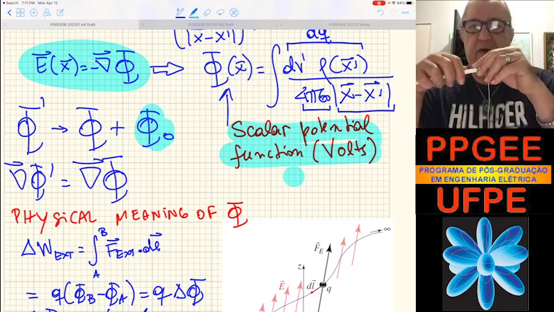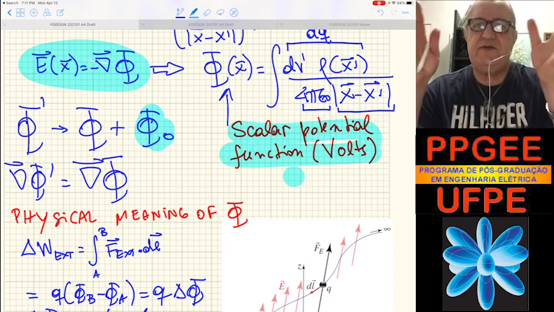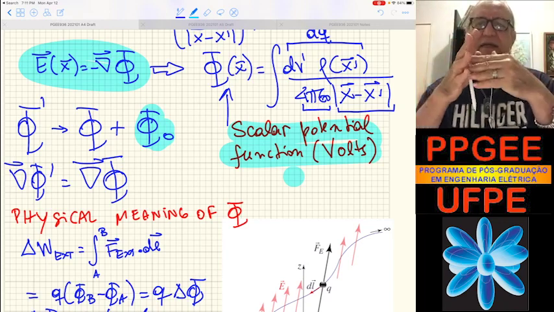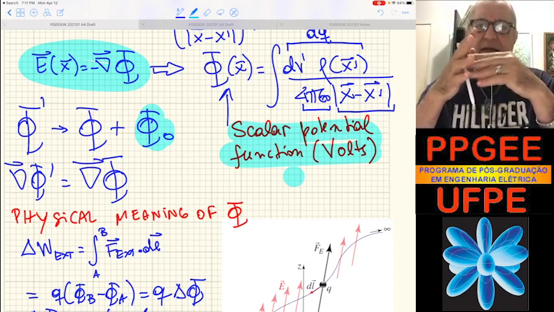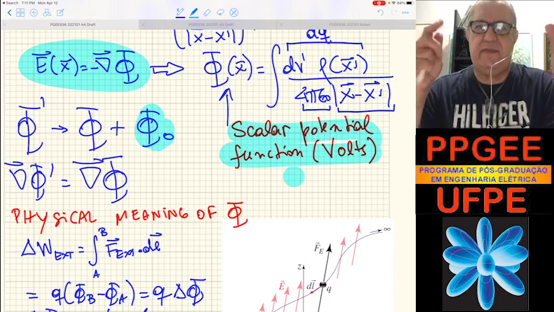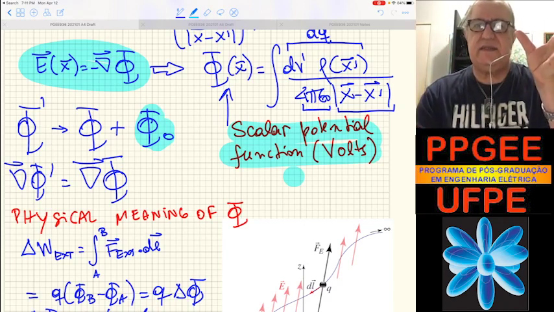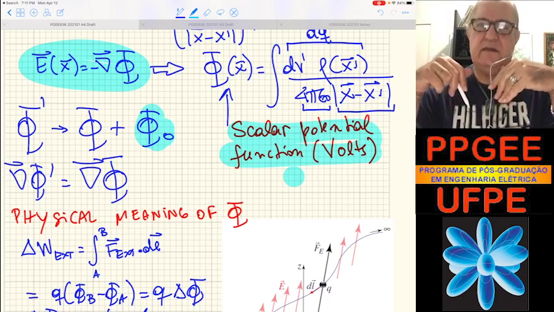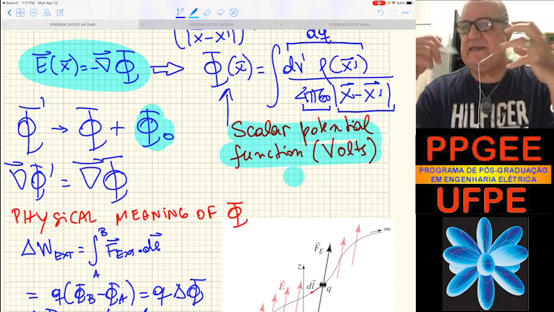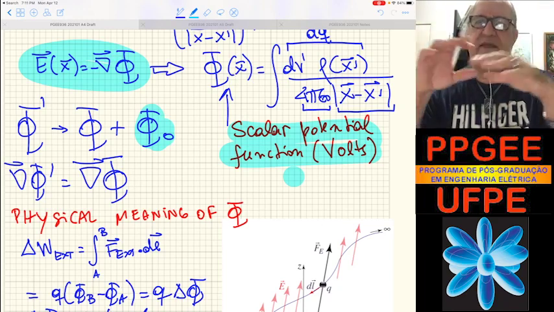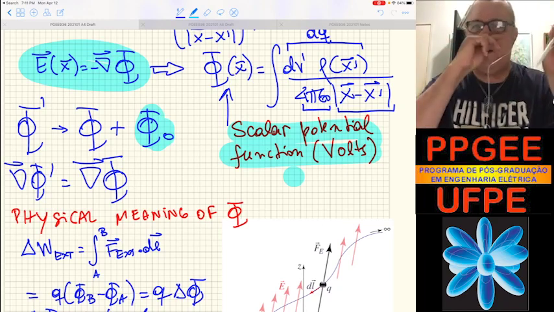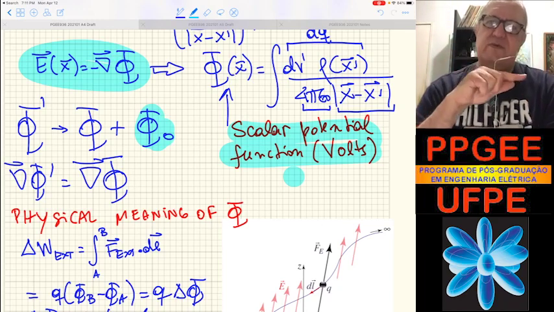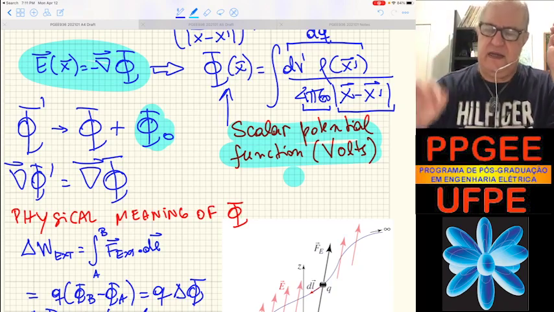So in general, in field theory, potential functions are those functions that are intermediate between the original problem and the final quantity that you want to determine. So in this problem, let's say that you are given the source, the charge distribution, and your aim is to determine the E field, okay?